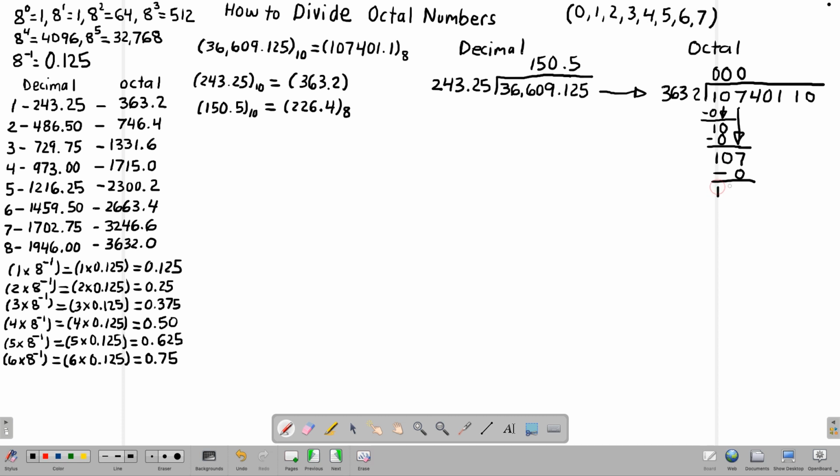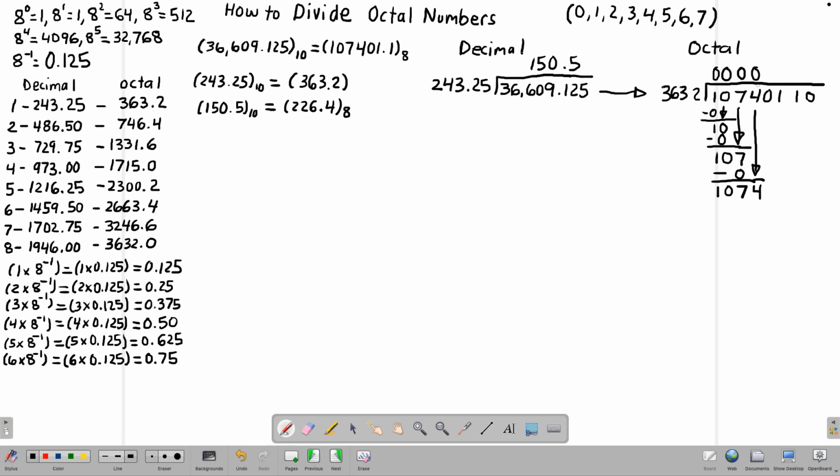That leaves 107. And then we bring down the 4 as the final step. And once again, does the value 3632 divide into the value 1074? And of course the answer is no.